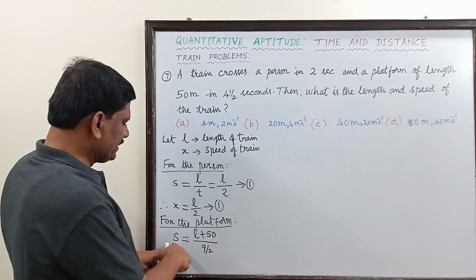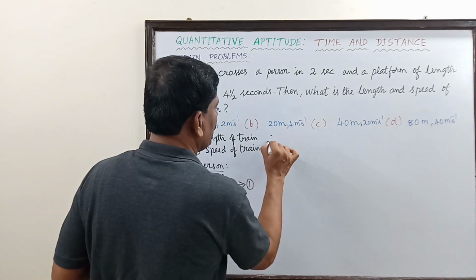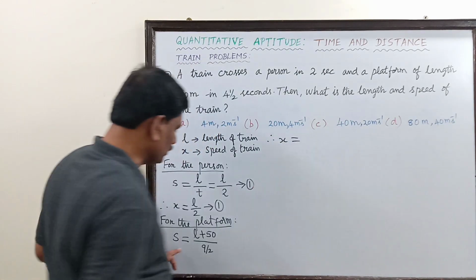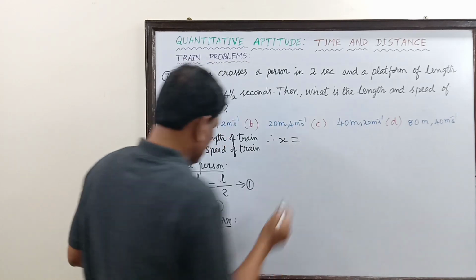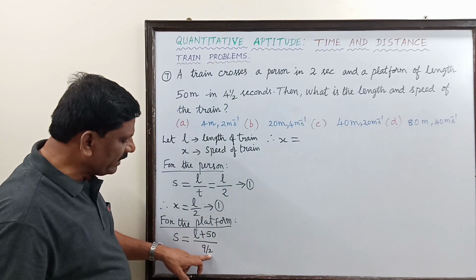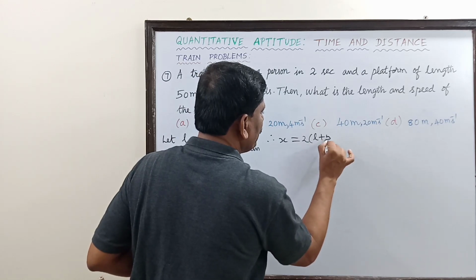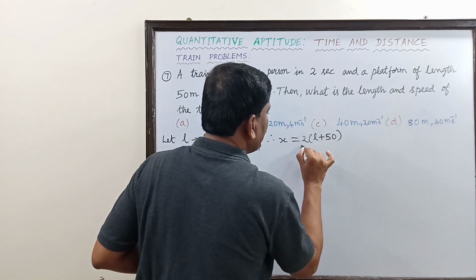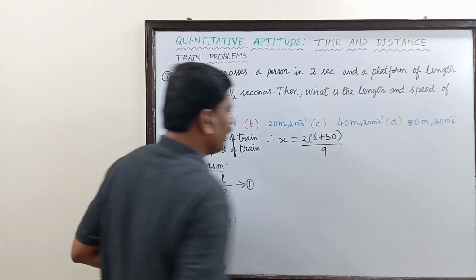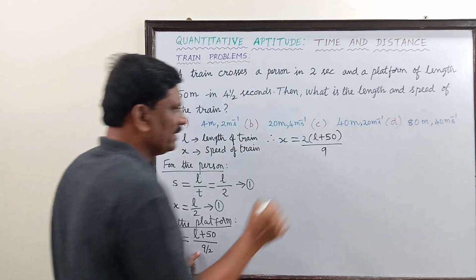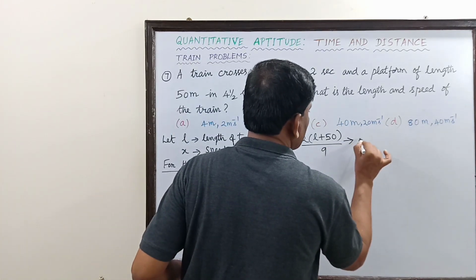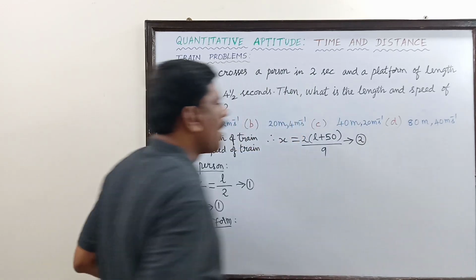This S is also equal to x. Therefore x is equal to (L plus 50) divided by 9 by 2, and the 2 in the denominator goes to the numerator. So x is equal to 2 into (L plus 50) divided by 9. This is equation 2.